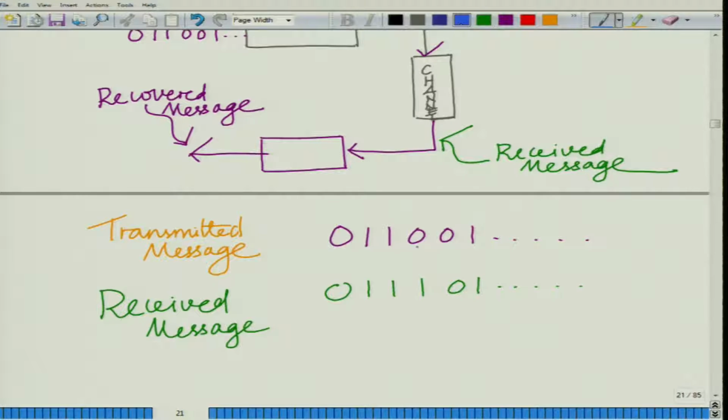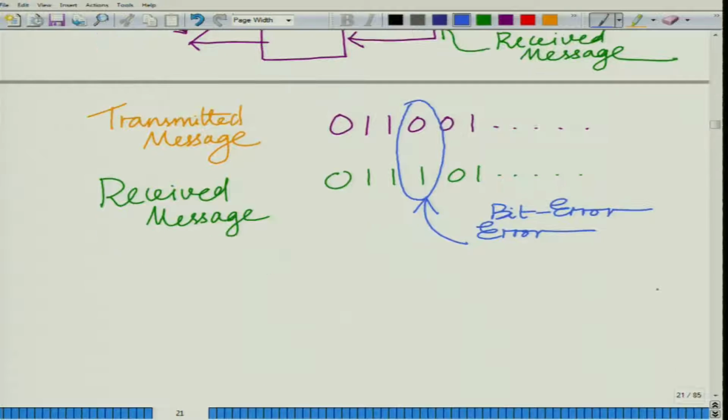While the transmitted message is 0, 1, 1, 0, 0, 1 followed by the rest of the message, the received message is 0, 1, 1, 1, 0, 1. If you look at this position, there is an error in the received message. The transmitted bit is a 0, the received bit is 1. So there is a bit error.